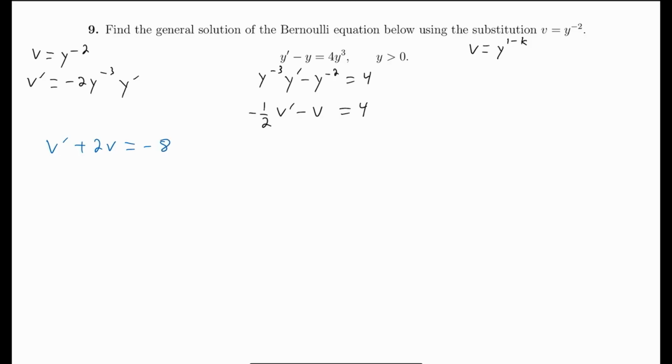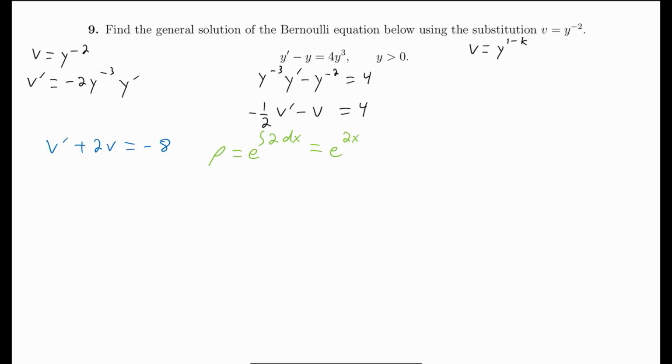It's a linear differential equation, so we find our integrating factor using that 2 coefficient. Remember, rho, our integrating factor, is equal to e to the integral of 2, again, because that's the coefficient on our v term, dx. And that is going to be equal to e to the 2x.